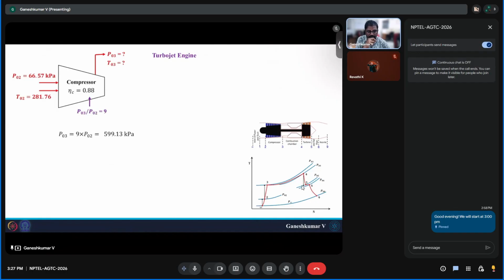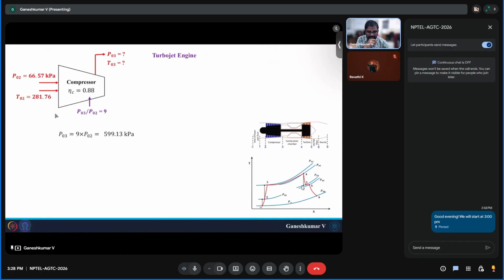Typically this is how you will see it, but in bigger engines you can go up to I guess 30 or even 40 pressure ratios, and in those places you can go to somewhere near 10 to 20 bars also. But they will also fly at a very high altitude, so at that altitude the static pressure itself is low.